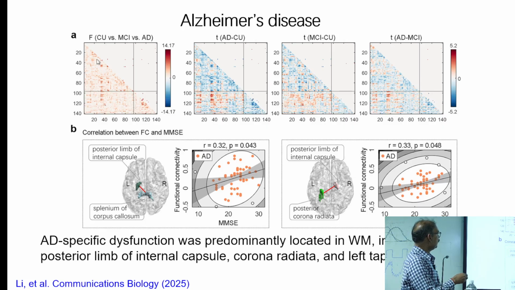And this is the t-statistics between AD and healthy control, MCI and healthy control, showing large changes here. And then by using functional connectivity with MMSE, which is a very simple test used for AD, showing which regions there is correlation, right? So this is posterior limb of the internal capsule, right? This is correlating with them and showing differences.